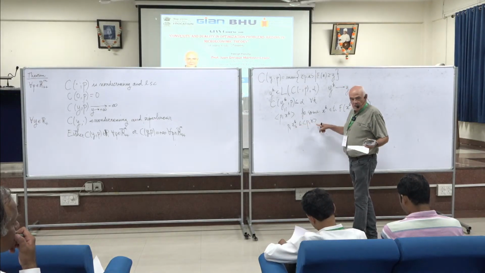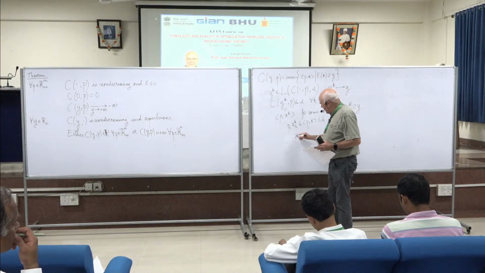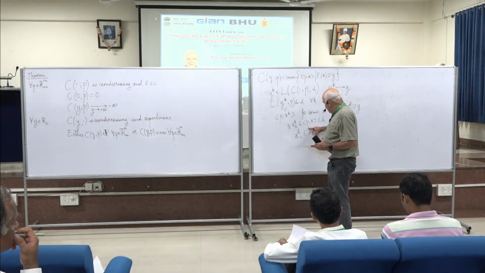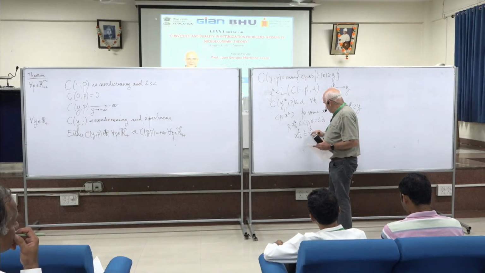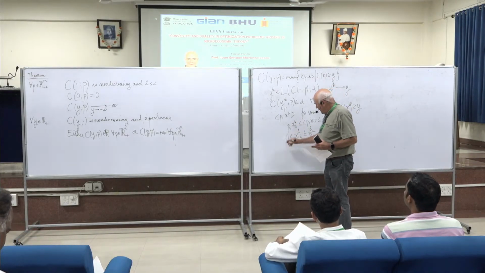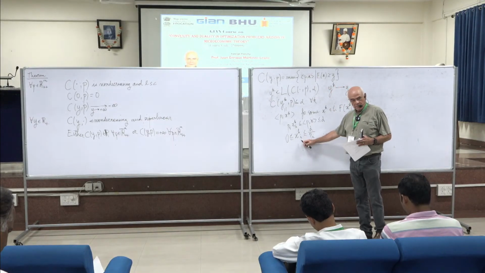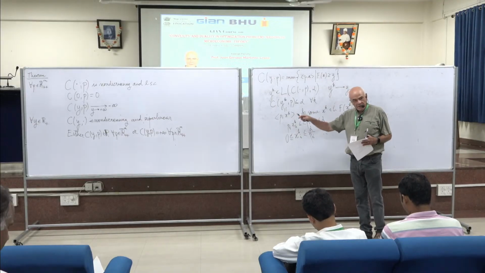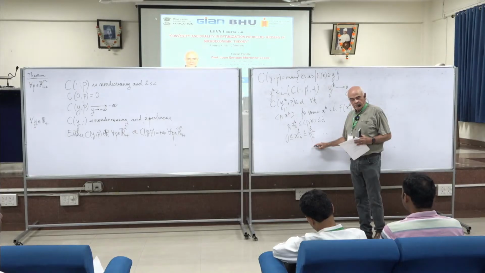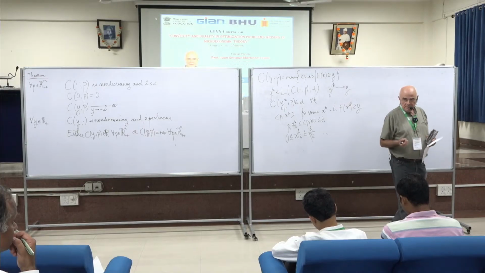So each term is less than or equal to the sum, and this is less than or equal to alpha. So xka is between alpha divided by pa, which doesn't depend on k, and 0. So all the variables in this sequence, all the components in this sequence are bounded by bounds that do not depend on the particular element in the sequence.